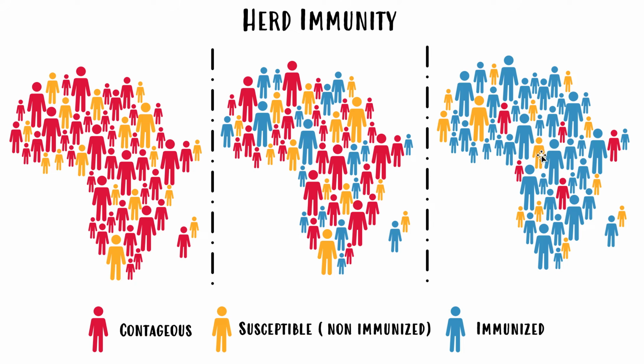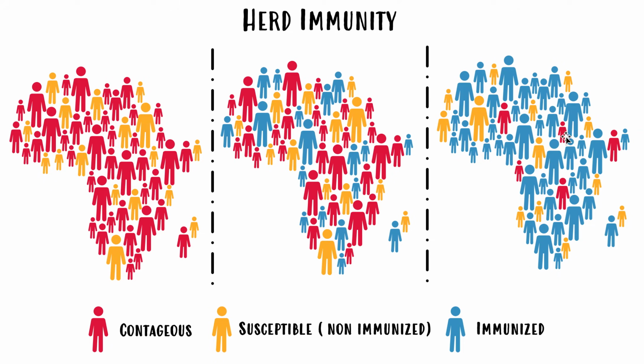But what if most people are immunized? Look at these blue ones. Most people are. Can these susceptible people get infected? Yes, they can, but very, very unlikely. Because look, this guy cannot infect that guy because around him are so many immunized people that they won't get sick. So if they can't get sick, then how can that guy get sick? Because they can only get sick if they get in contact with these infected people, but they're not even infected, they're immunized.